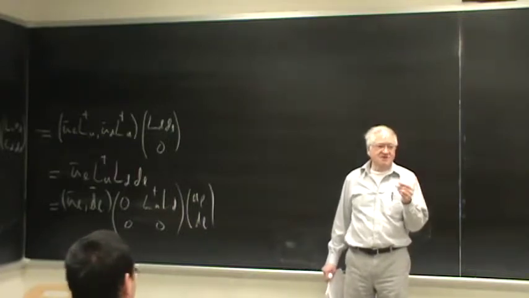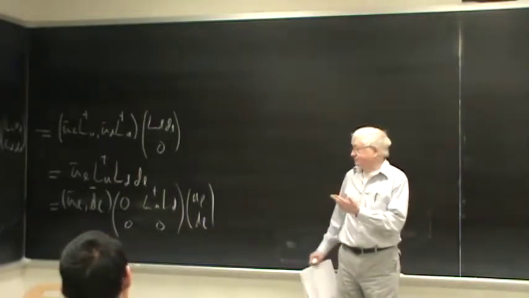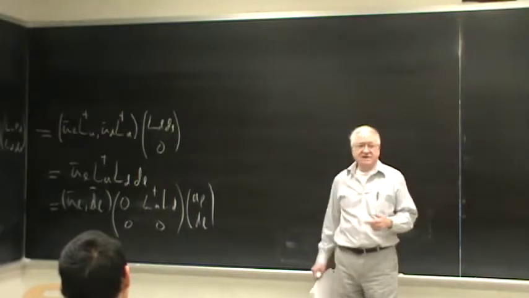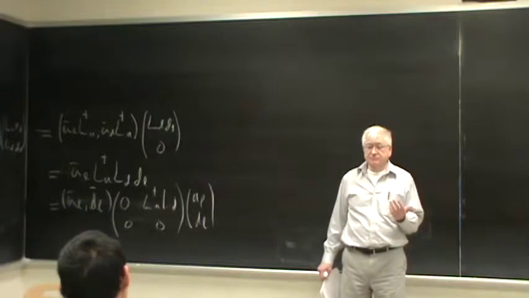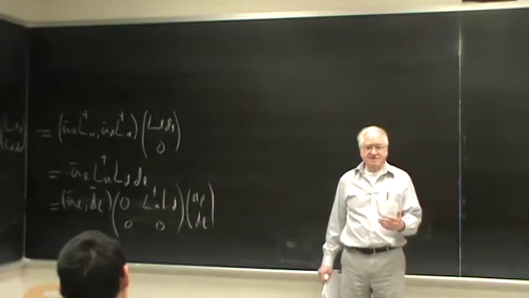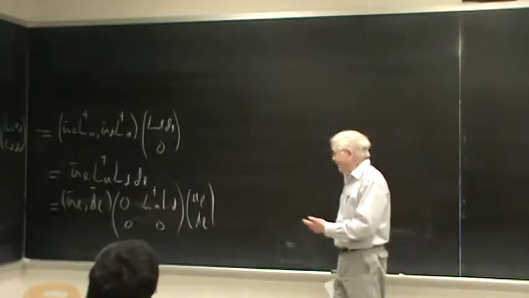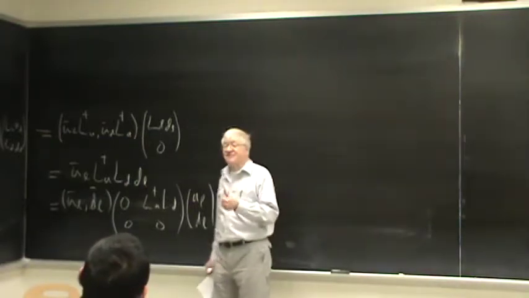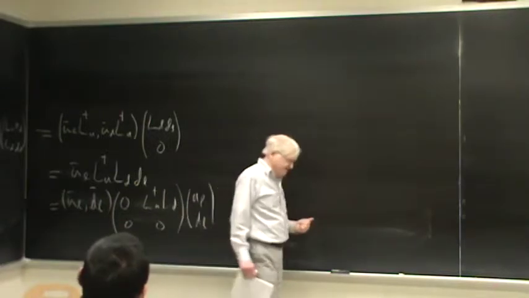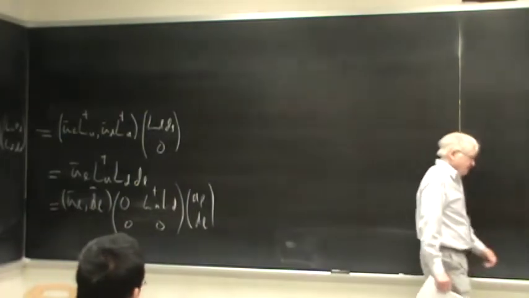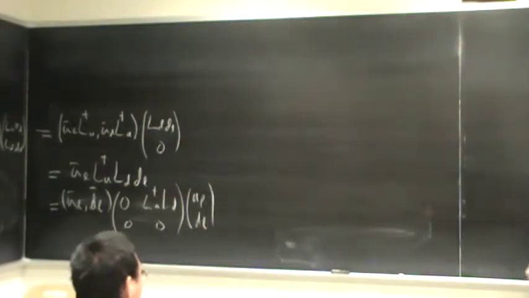The idea was that you have a 3x3 complex matrix, this LU dagger LD, and now you can remove 6 phases. Well, when you remove 6 phases, it turns out if you analyze it correctly, you find that you are left with 1 phase.